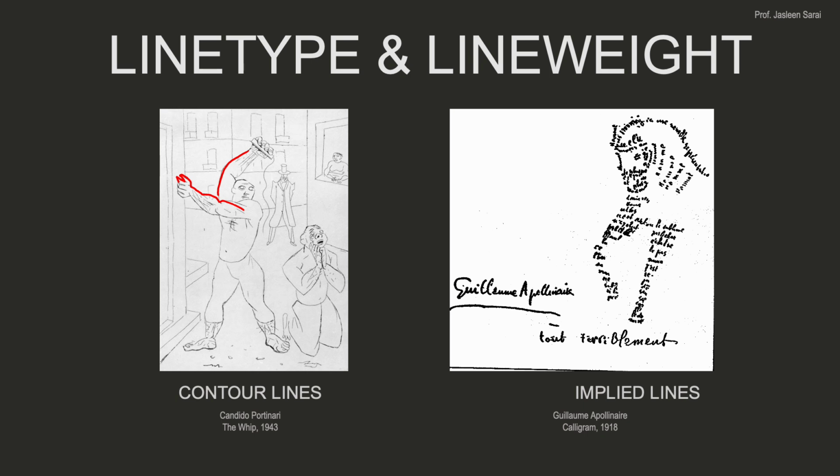Okay, then we have implied lines, which is a line that's created in our own mind. So in here, what the artist is doing is actually, this is a calligram, which is an artistic way of writing poetry. So the way that you write something is creating this shape.